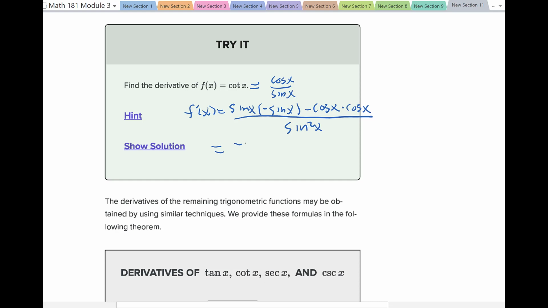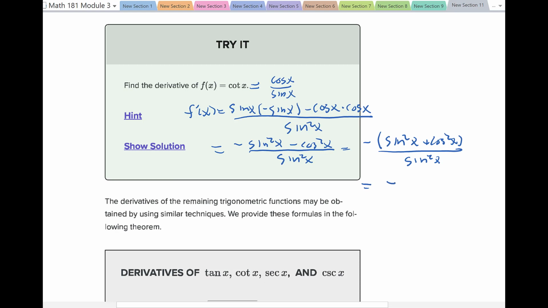So in this case, it's negative sine squared x minus cosine squared x over sine squared x. If you factor out that negative in the numerator, you have negative of sine squared x plus cosine squared x over sine squared x.